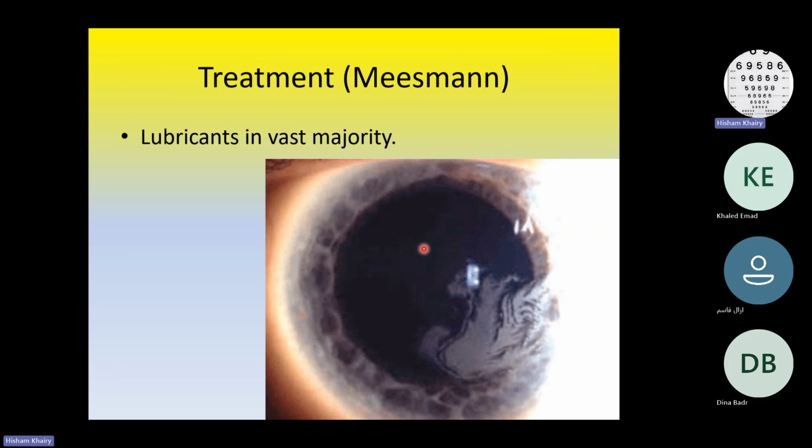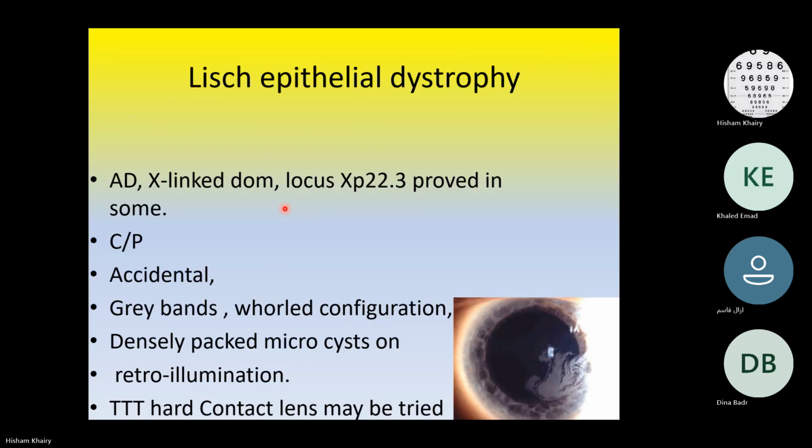The treatment of Meesmann dystrophy is lubricants in the vast majority. This epithelial dystrophy also has something like a whorl configuration, with gray bands of densely packed microcysts on retroillumination.